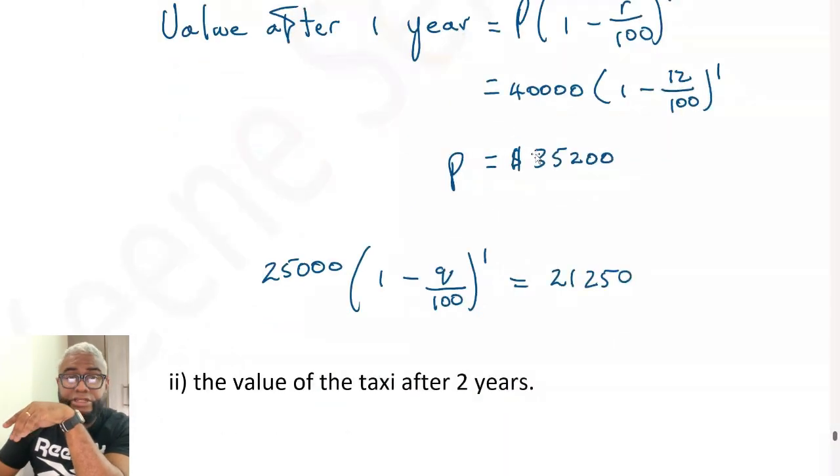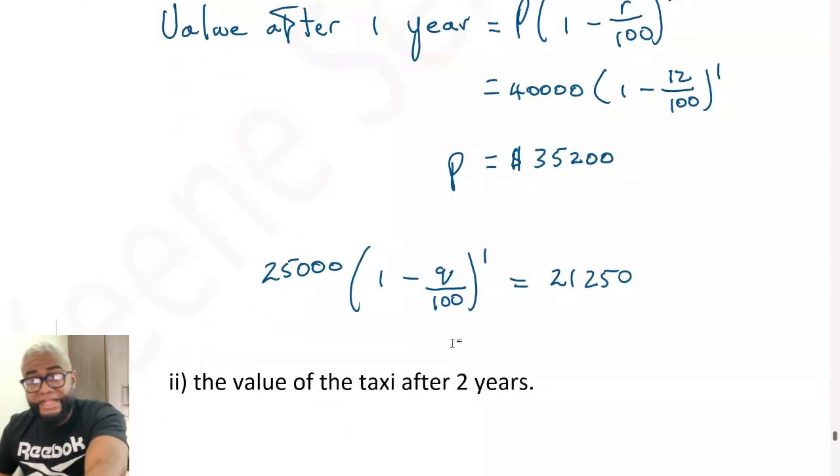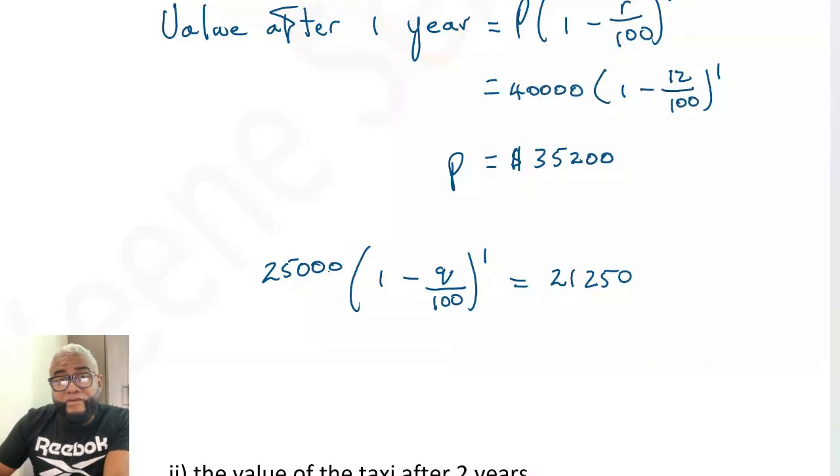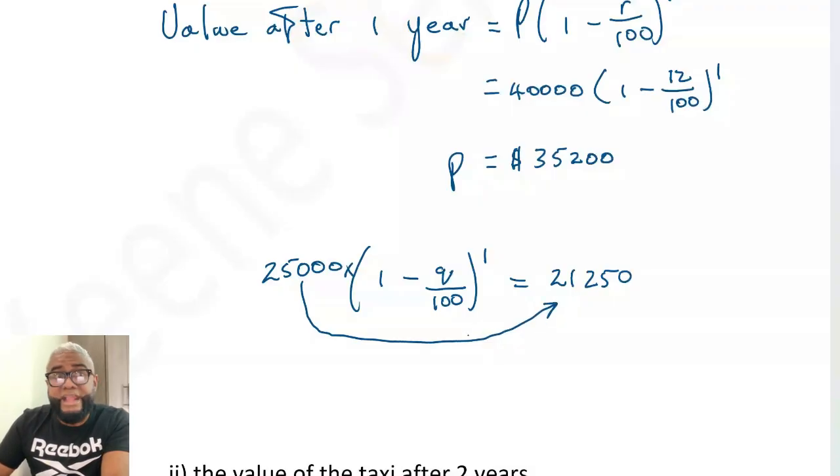So watch. This is what we're going to do next in algebra, but you have to move everything. It's like you're multiplying 25,000 by that bracket, so you carry this 25,000 to the right and do the opposite of multiply, which is divide. To the power of 1, you can just drop your brackets.